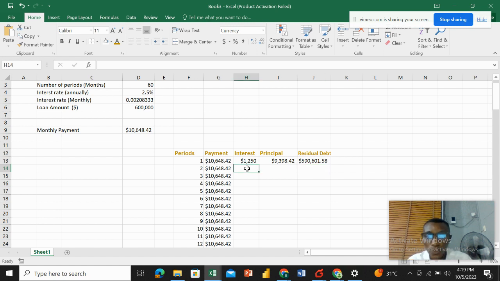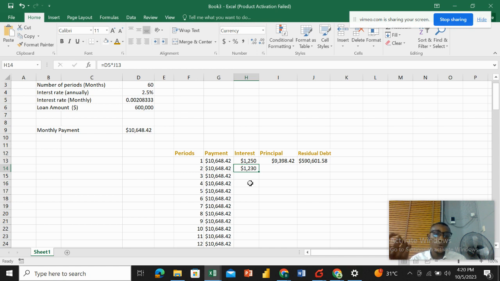For the second month, we're going to charge our interest. Our interest for the first month was charged directly on our loan amount, but for the second month, our interest will be charged on our residual debt. So for the second month, we have $1,230 as our interest.